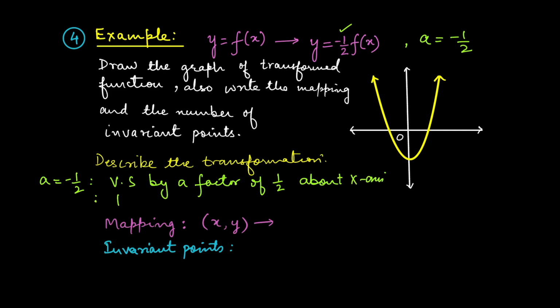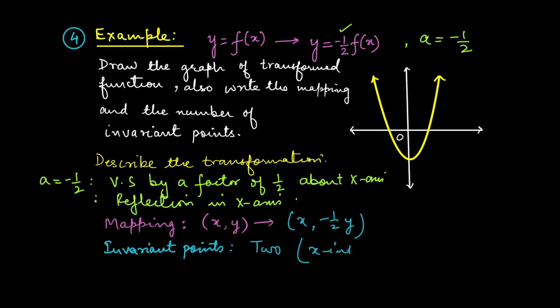And there will be a reflection in the x-axis. The mapping will be x and minus 1/2 y. Invariant points will be 2, which are your x-intercepts.